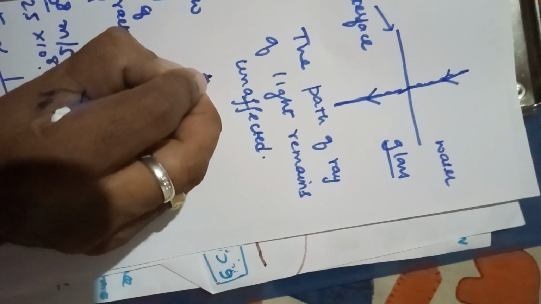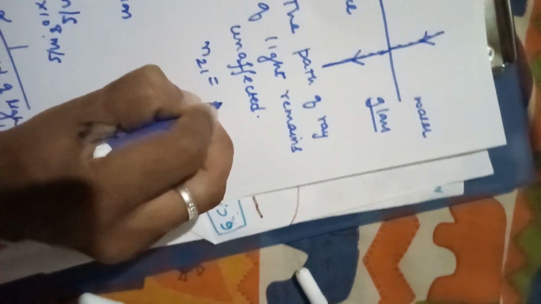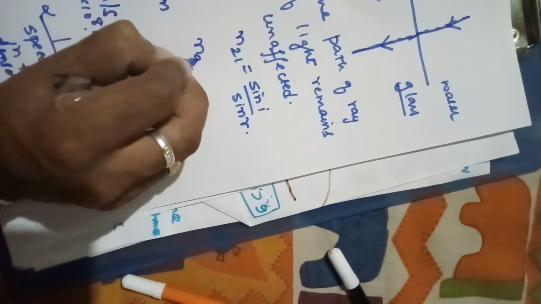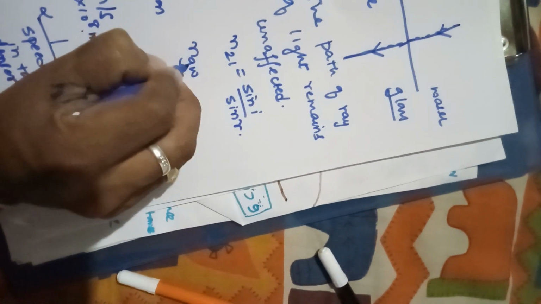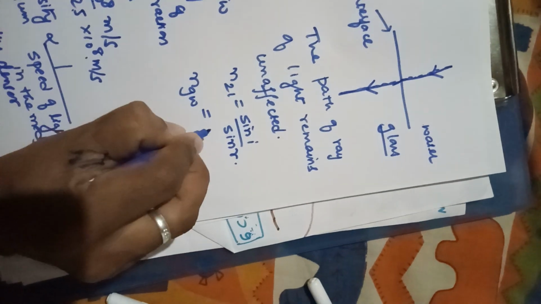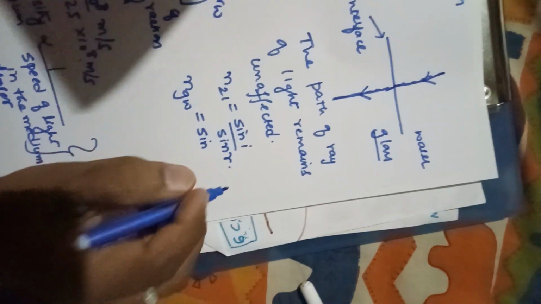Again going back to what we have learned, that is refractive index of second medium with respect to first medium, that is sin i by sin r. Here the second medium is glass, first medium is water, so nGW will be equal to sin i. What is i?